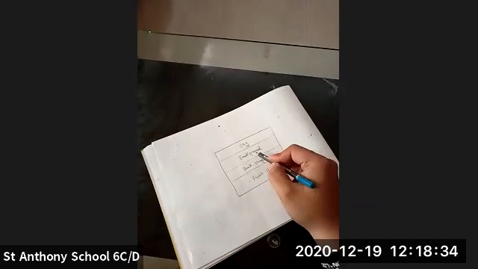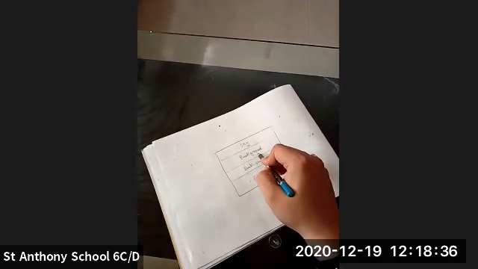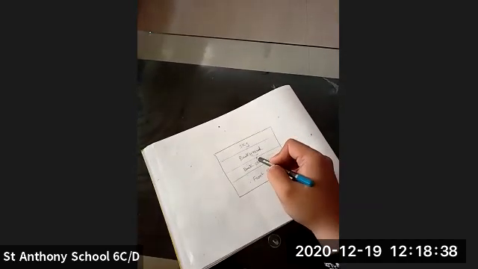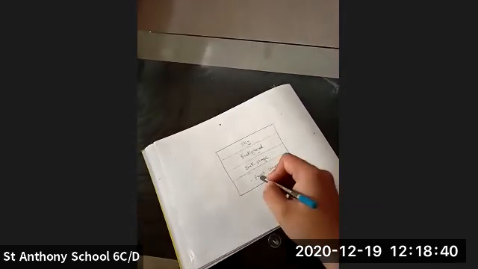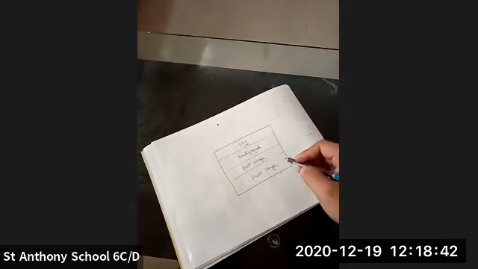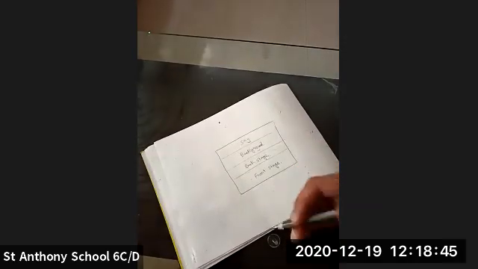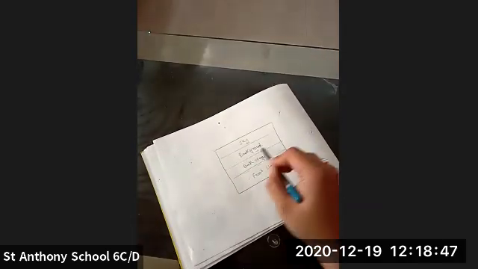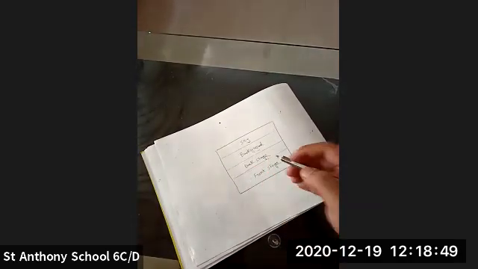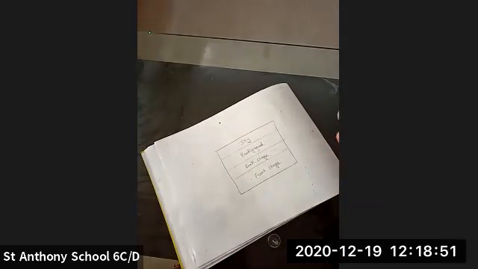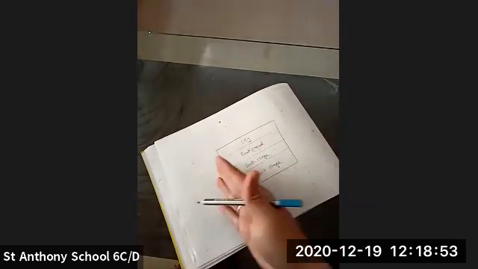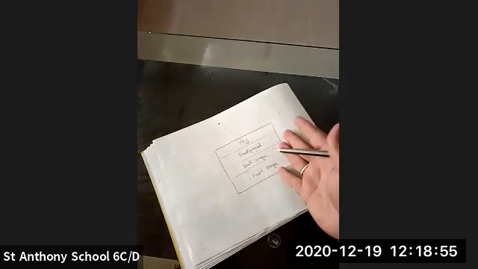Then the third one is the background. The background is the most important thing, because we should be able to recognize where your characters are standing. For example, if the characters are standing in the market, you have to draw a market scene in the background.